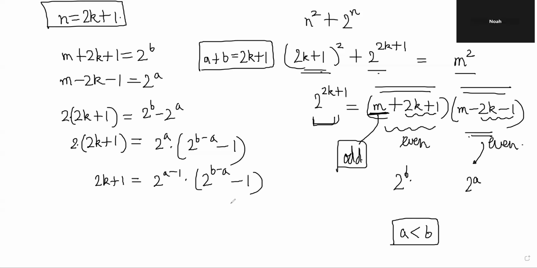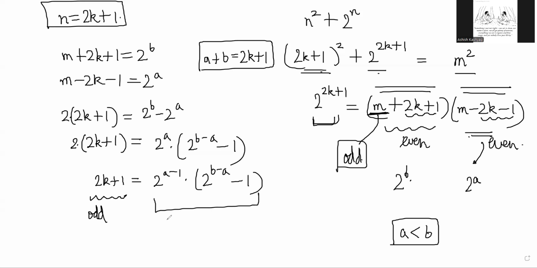Now notice that this side is odd. So this side also must be somehow odd, and this number here is definitely odd. So it cannot be that this is even somehow.